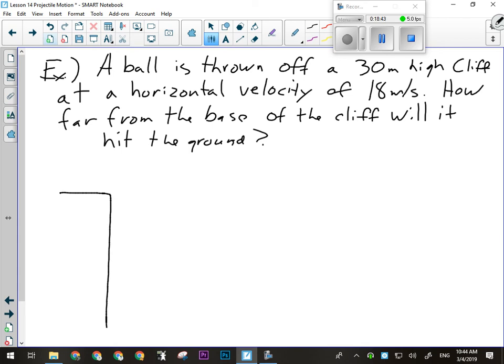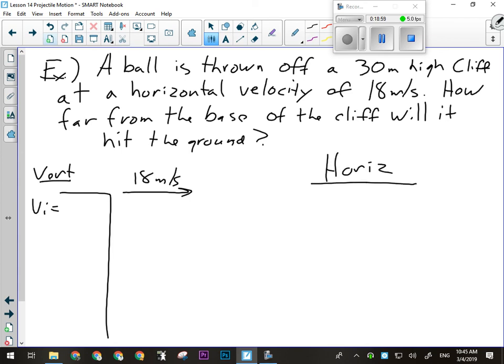So if I'm drawing a diagram here, it's going to look like this. Here's my vertical information. Here's my horizontal information. Horizontally, I know how fast it's going.